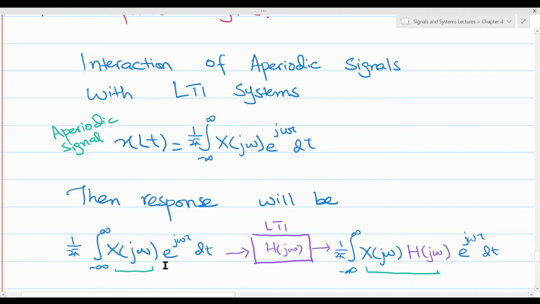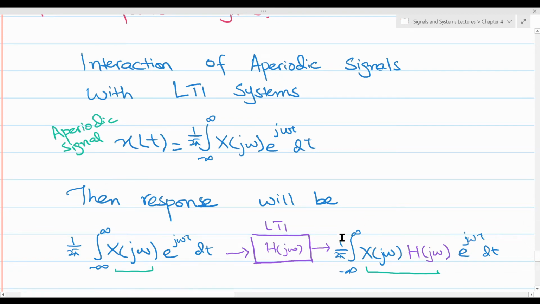So this whole thing will repeat at the output, and the exponentials will also be scaled by the frequency response of the LTI system, which is H of j omega. So essentially, the same input is repeated at the output and scaled by the frequency response of the LTI system. Now if you observe here, we are representing the input signal in the form of the synthesis equation, and the output signal is also in the form of the synthesis equation.